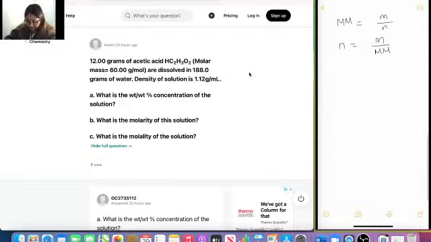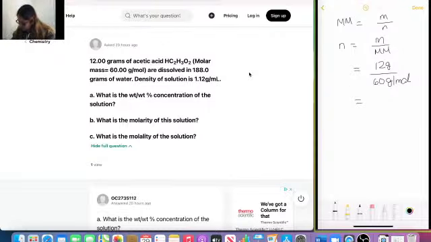So let's calculate the moles: we have 12 grams and a molar mass of 60 grams per mole, so we would have 0.2 moles of acetic acid.